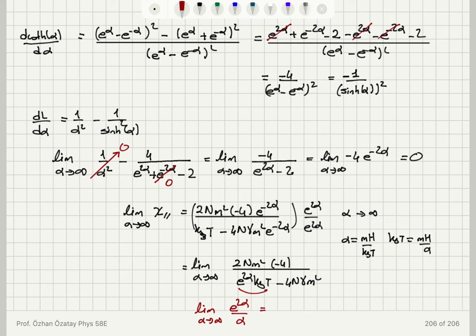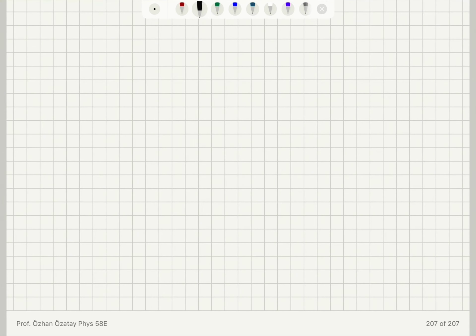So this will be equal to the limit as alpha goes to infinity of 2 e to the 2 alpha over 1, which is infinite. So this is going to infinity, and the rest is constant, therefore this answer is 0. So we find that as T goes to 0, the longitudinal susceptibility goes to 0.